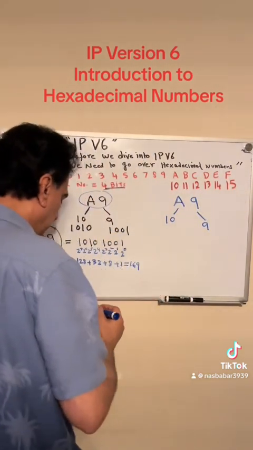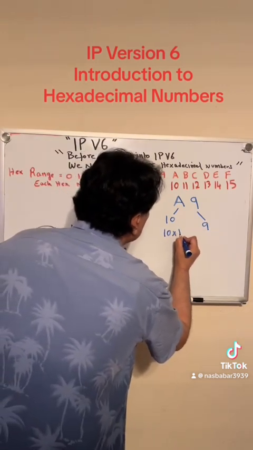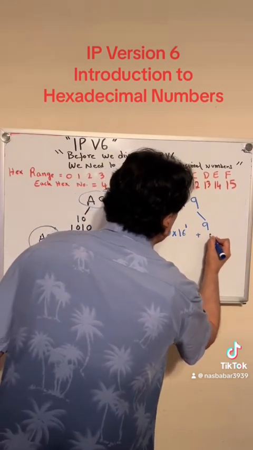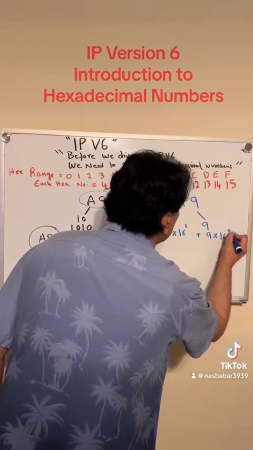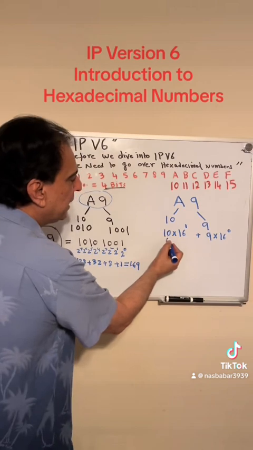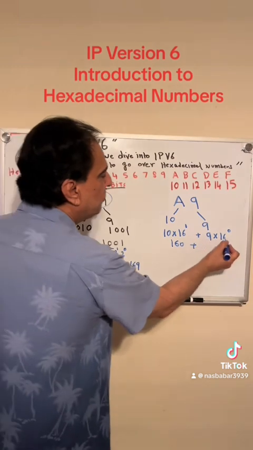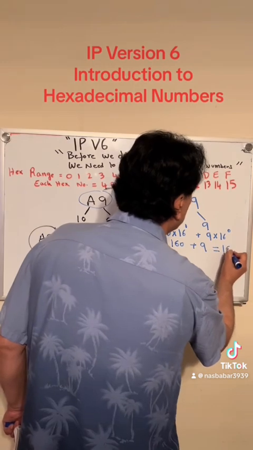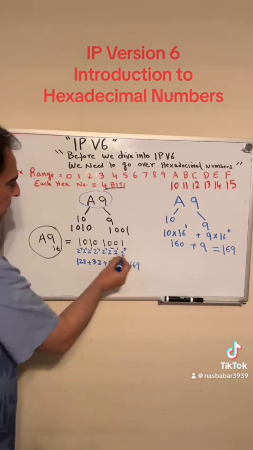So what we do is we multiply 10 times 16 raised to power 1, plus 9 times 16 raised to power 0. 16 raised to the power 1 is 16, so 10 times 16 is 160, plus 9 times 16 raised to power 0, which is 1, gives 9. So the answer is 169. And it matches with the binary conversion right here.